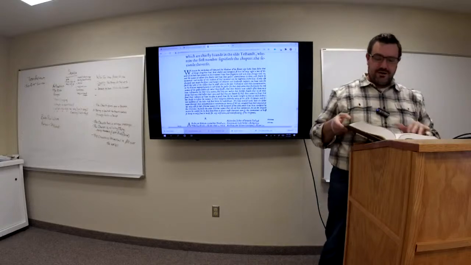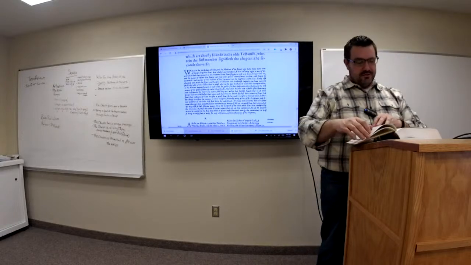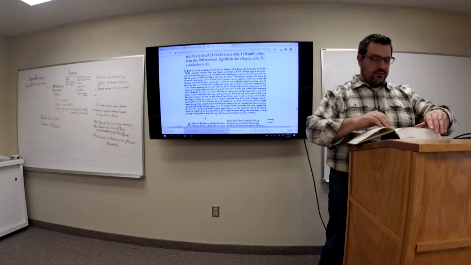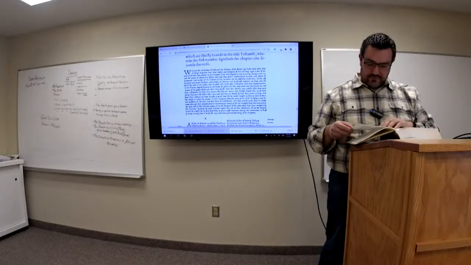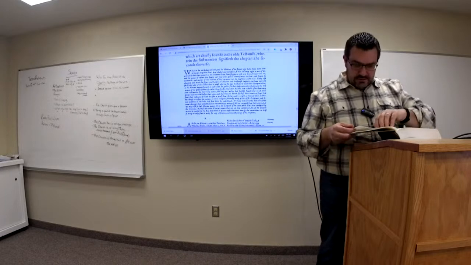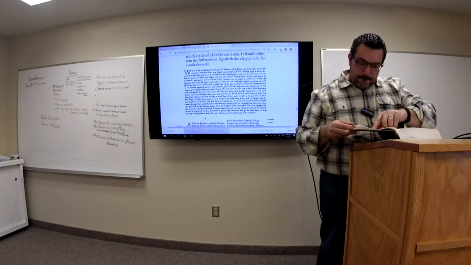So let me see if I can find and show you what that is. It should seem pretty straightforward. We'll find Enoch, that'll be an easier one to find. Maybe.